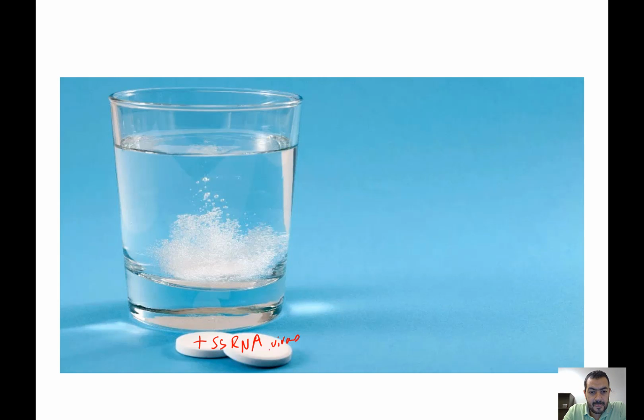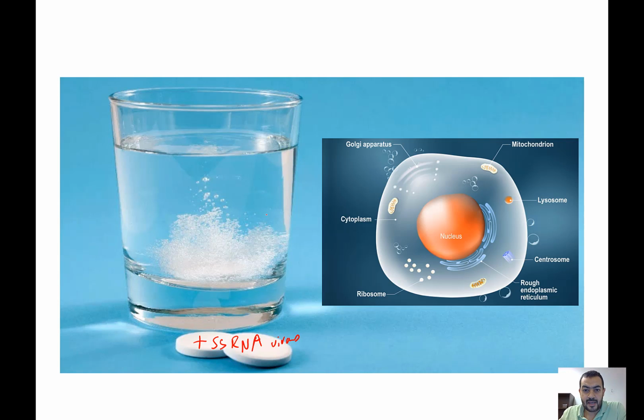So once a virus with this plus sense single-stranded RNA is placed in this cup of water, which will represent our host cell, what will happen? It will dissolve instantly. That's an analogy of the plus sense RNA genome of the virus once it is inside the host cell. Remember, the host cell is like 70% water content.